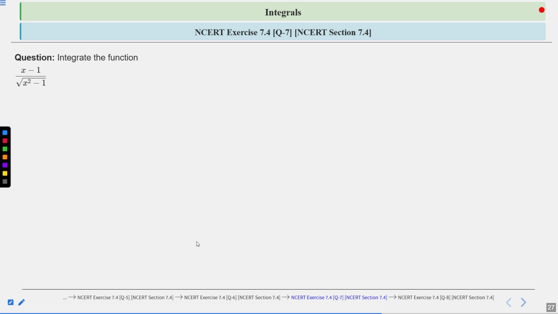Again, we will apply some substitution to solve the given integral. You have some time to solve or think about the given question. After that, we will discuss the solution part.